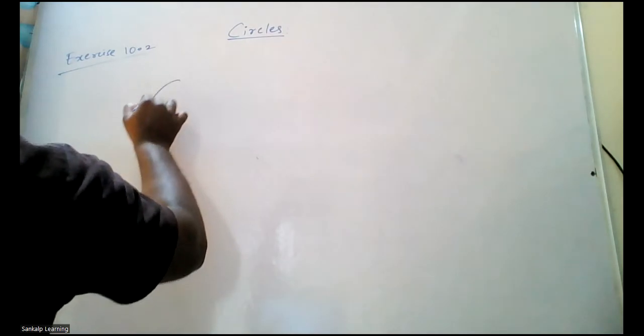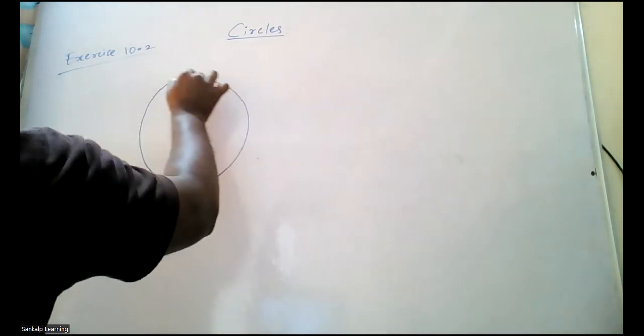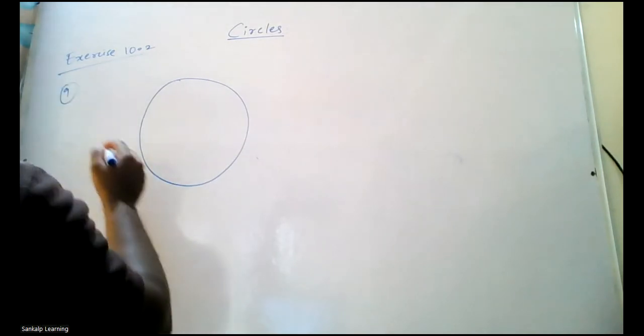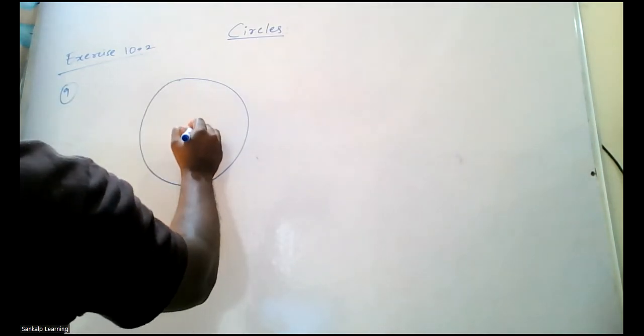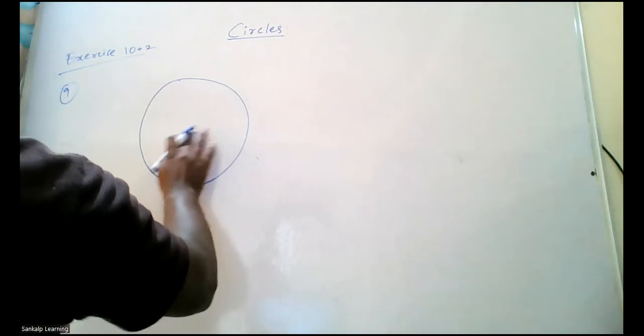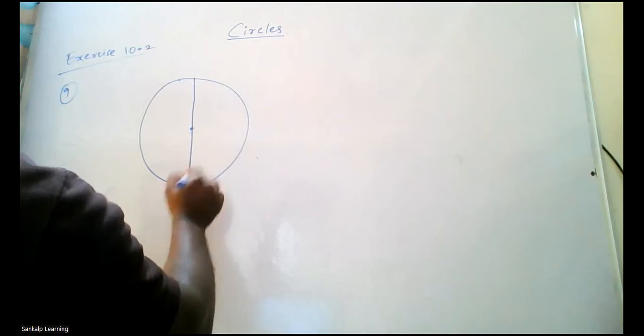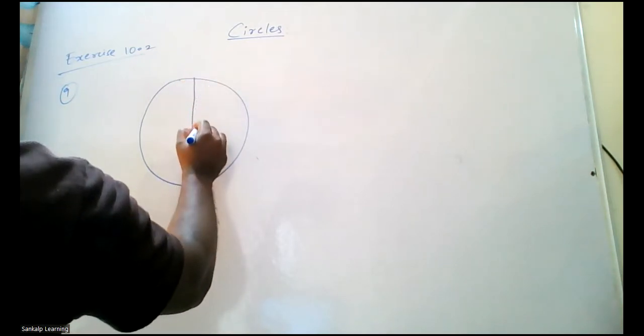So we have got a circle. Let's say this is question number 9, isn't it? So with center O, let's take a diameter. PQ is the diameter because the tangents are parallel, right? Therefore PQ is the diameter.